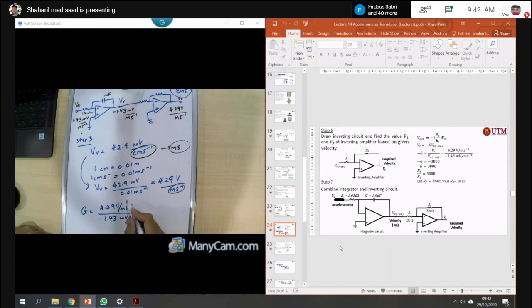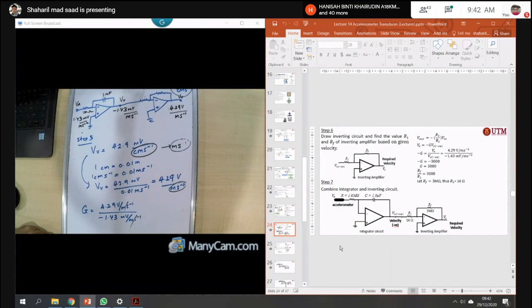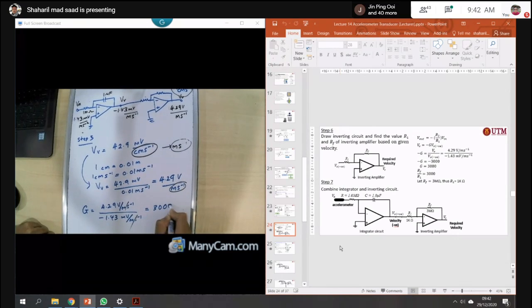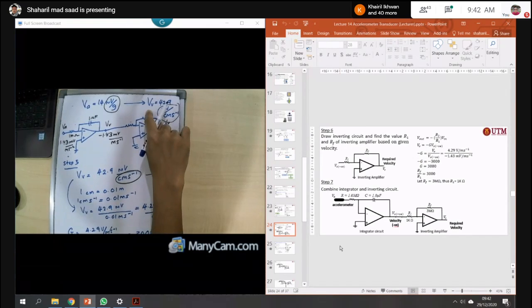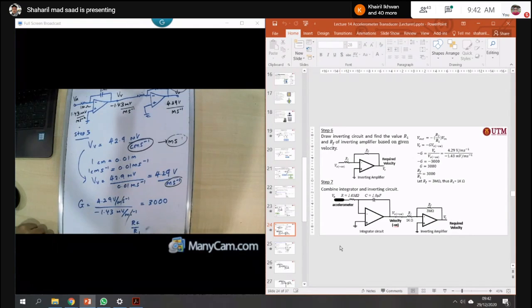So this one we cancel out, then we get equal to 3000. Your gain, RF divided by R1, equal to 3000.